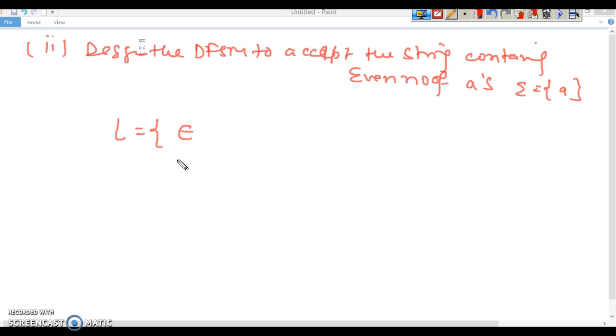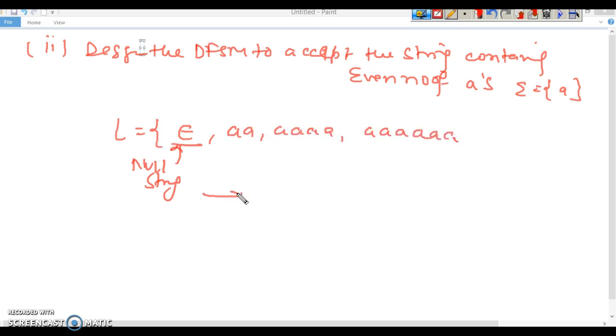So we can write epsilon as even, because epsilon means null string. Maybe 2, 4, 6 should all be accepted.